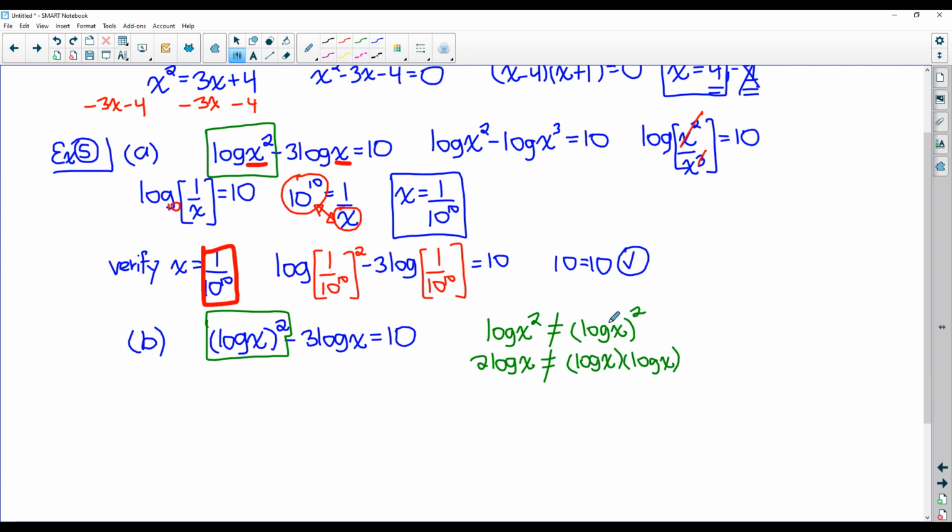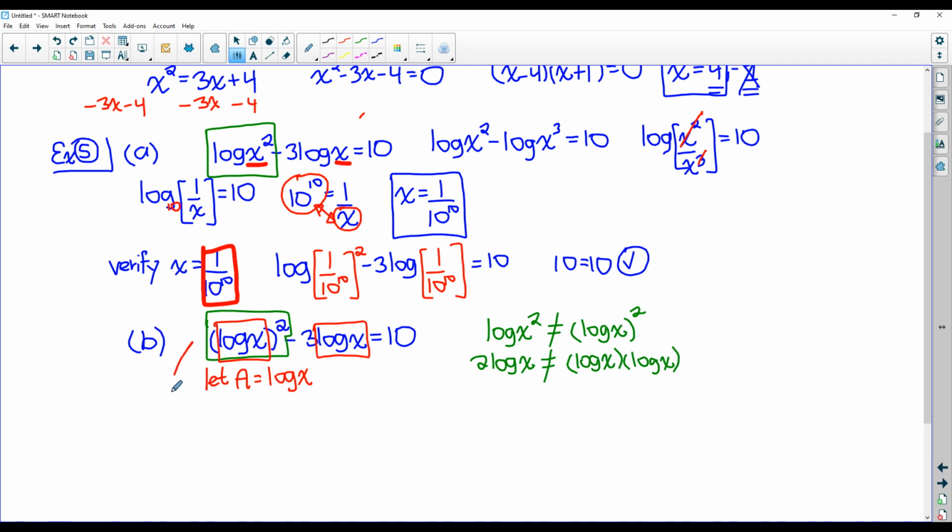Now, the way we're going to solve this is actually a quadratic. So what I'm going to do is a substitution. Where I have log of x, and here where I have log of x, I'm just going to pick a different variable to represent this. We'll say let a be equal to log of x.